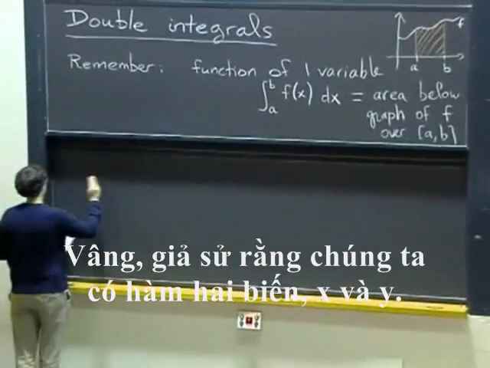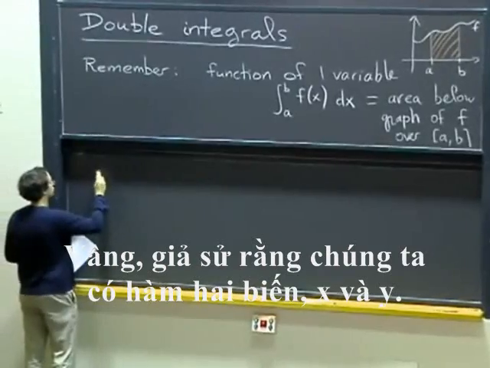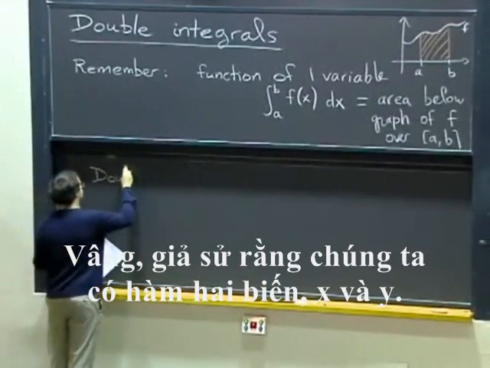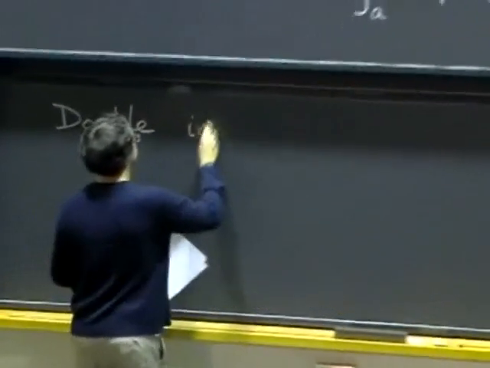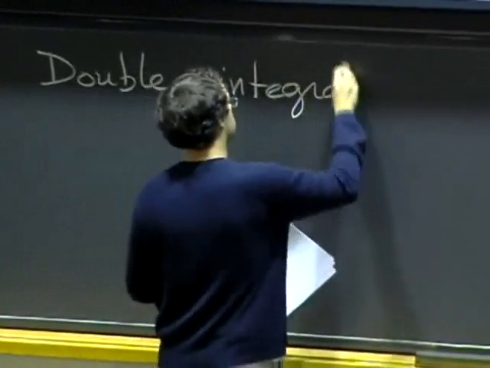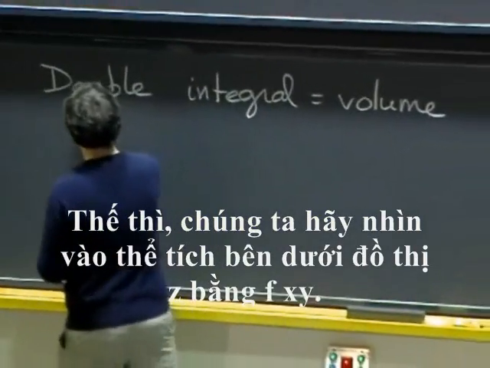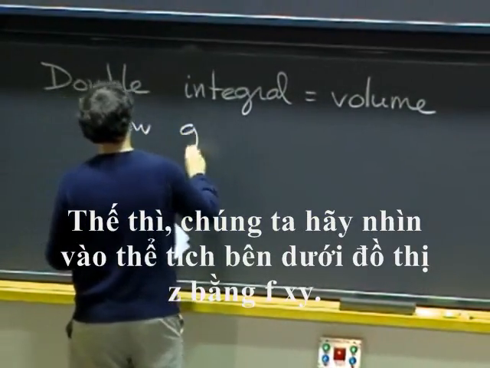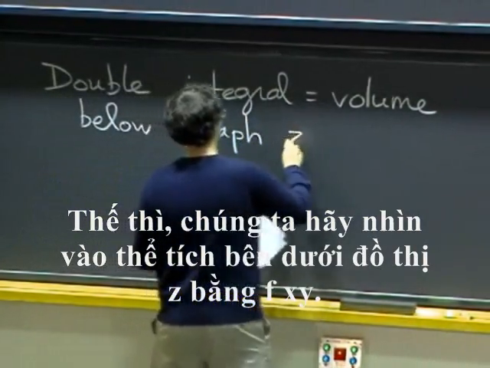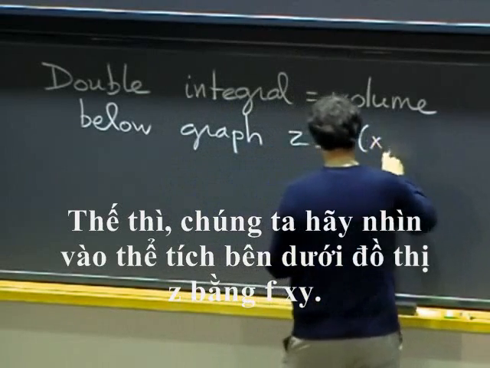So let's say that we have a function of two variables x and y. Then we'll look at the volume that's below the graph z equals f of x, y.